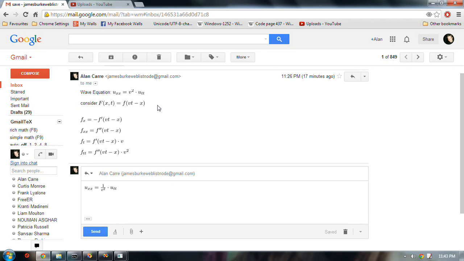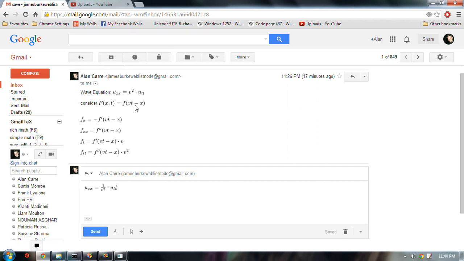If t represents time and x distance, and if we allow for the idea that time is an ever-increasing quantity, then as time elapses, this argument would increase, right?